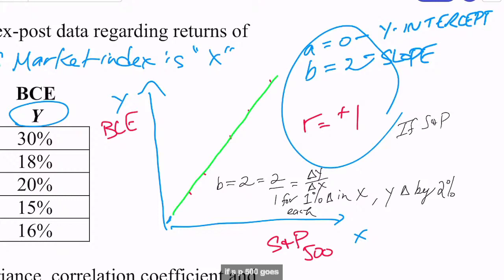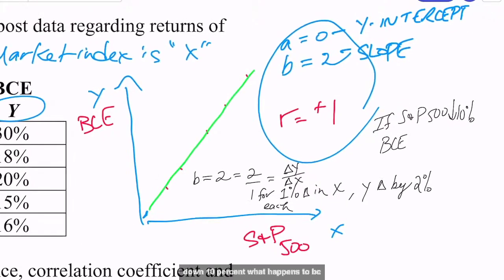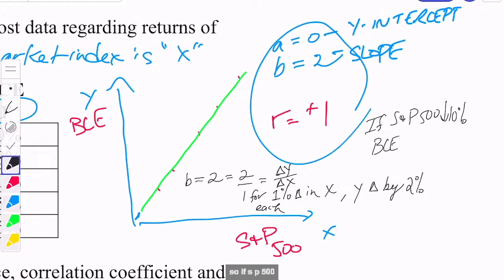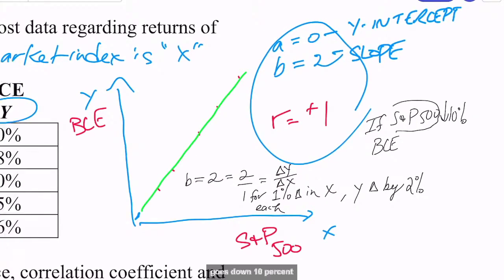If the S&P 500 goes down 10%, what happens to BCE?